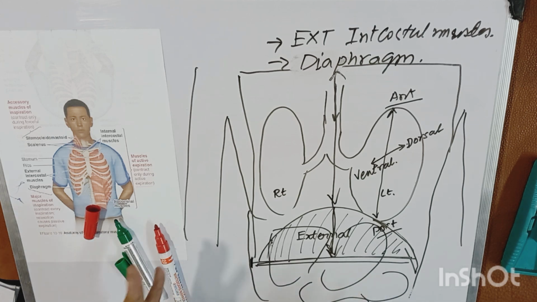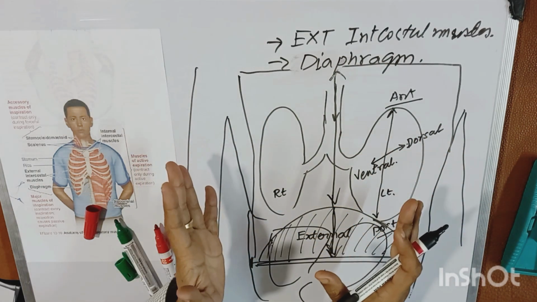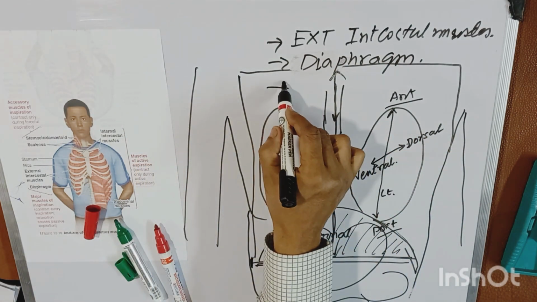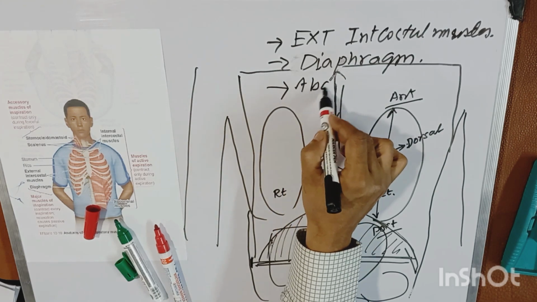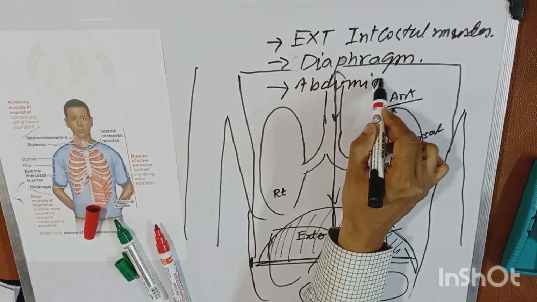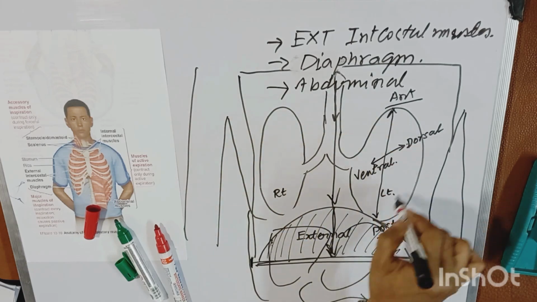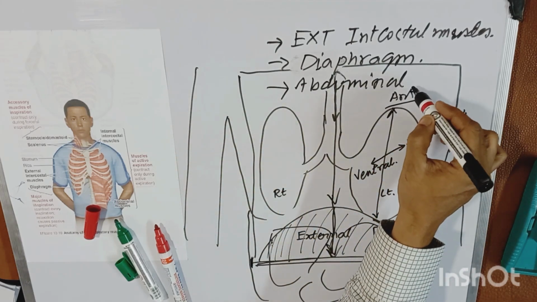The belly protrudes out, and so the thoracic volume increases. So the abdominal muscles also help in respiration, by increasing the volume of the thorax.